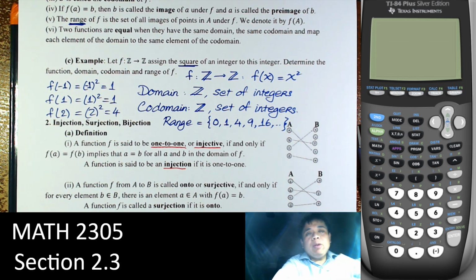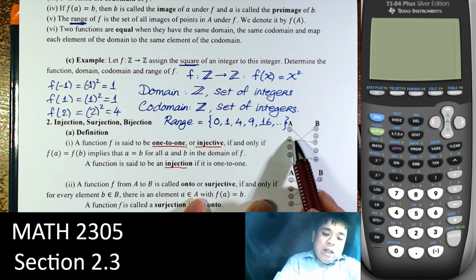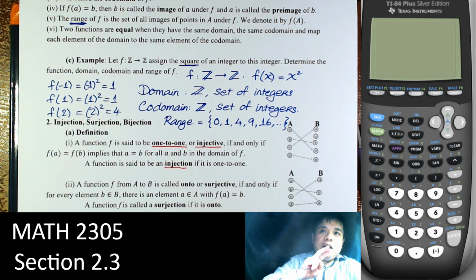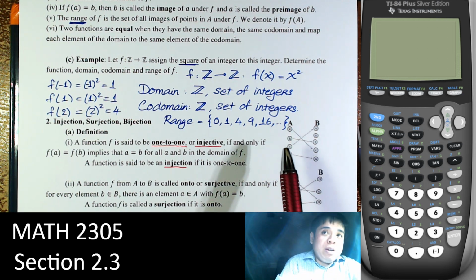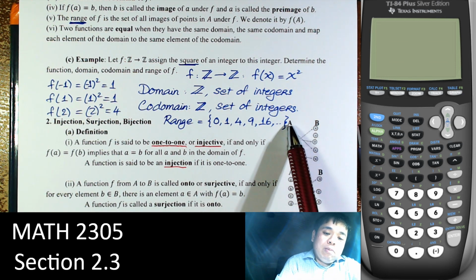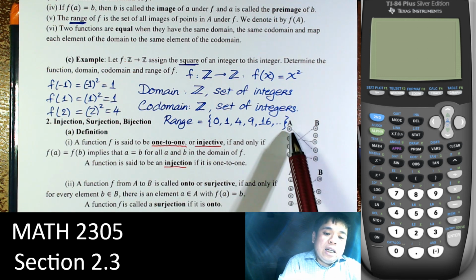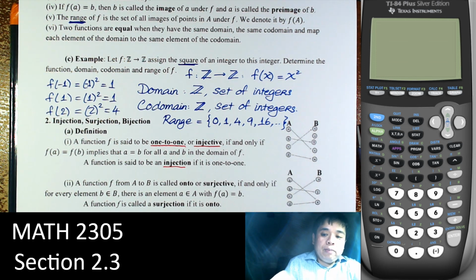So first of all, we know that for a function, each element in the domain can only have one arrow. So we cannot have an element that shoots two arrows. That would not be a function. So each element here only shoots one arrow. But one-to-one means that each of them shoots one arrow, and the arrows have to go to different targets. They cannot shoot at the same target.